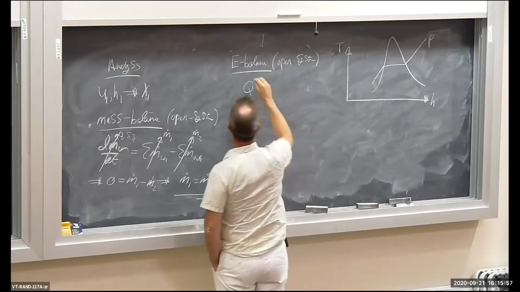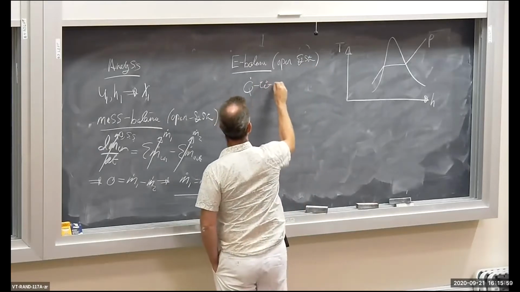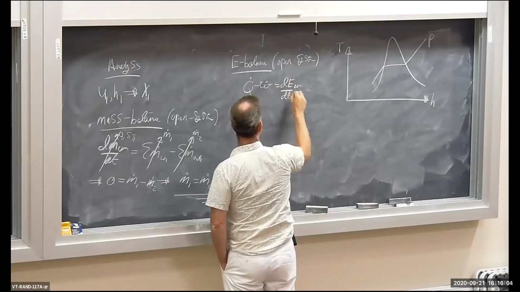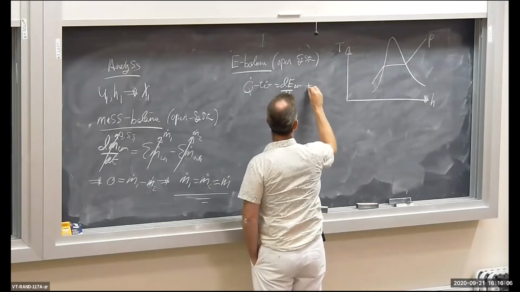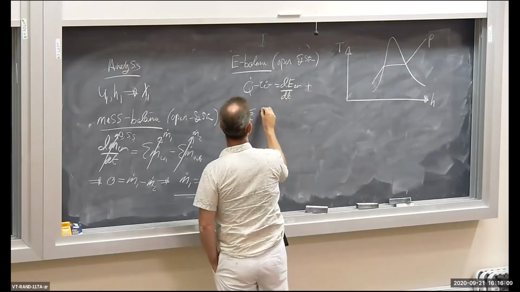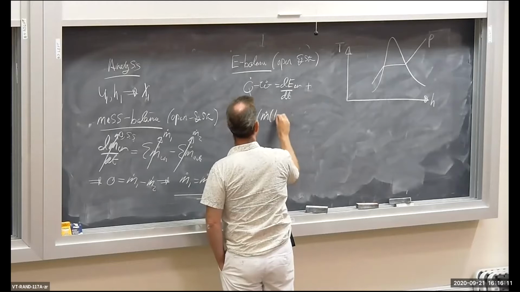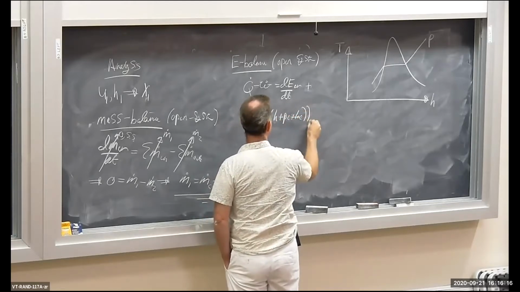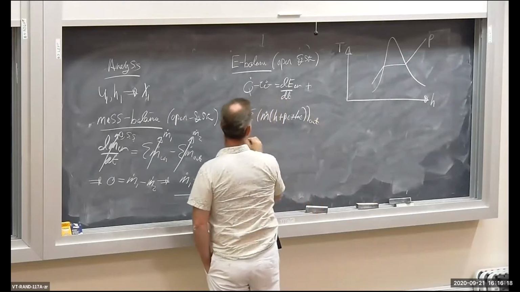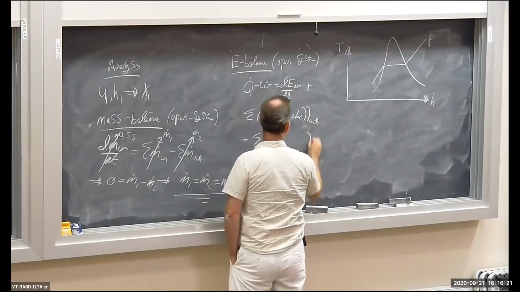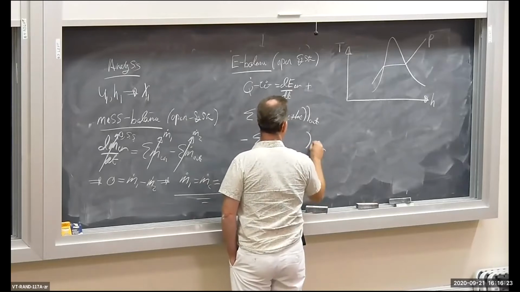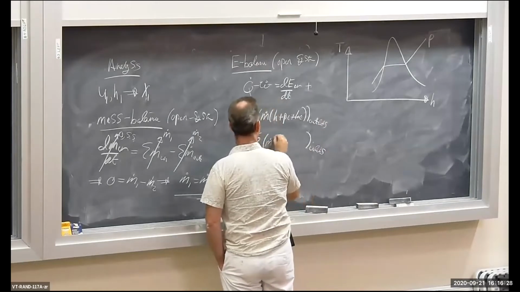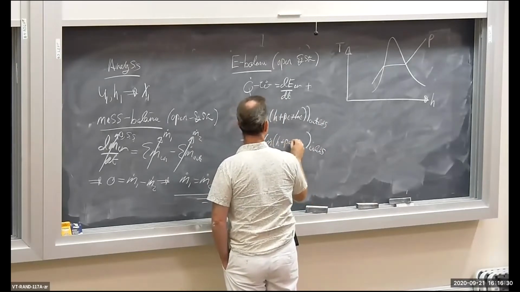Q dot minus W dot is equal to the time rate of change of energy within my throttle valve, the control volume, plus the sum of m dot (h plus PE plus KE) summed over all outlets, minus the same thing summed over all inlets. m dot (h plus PE plus KE).